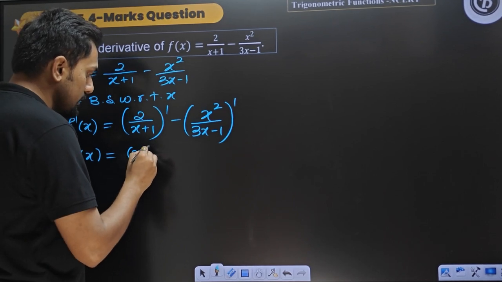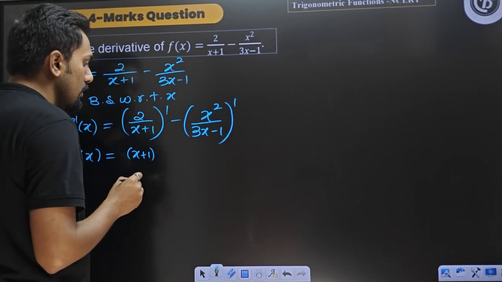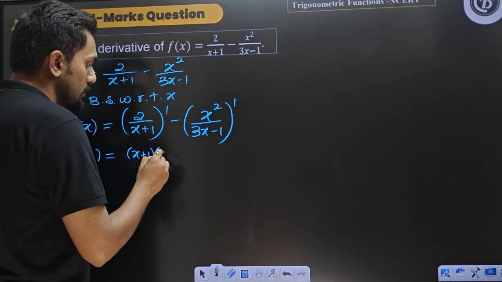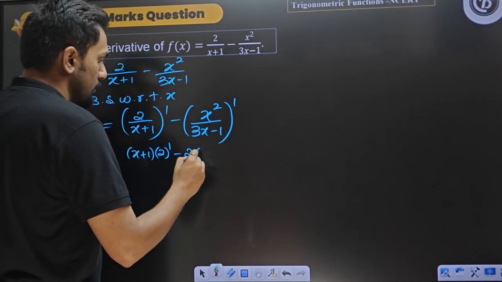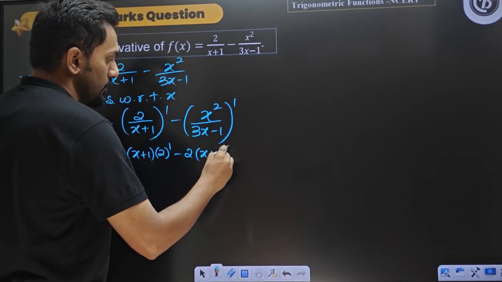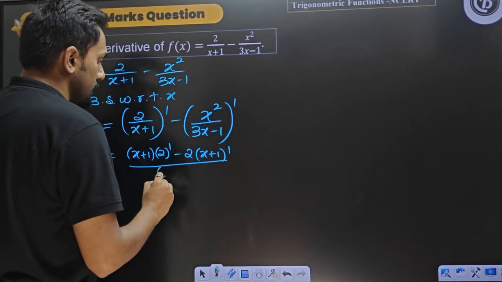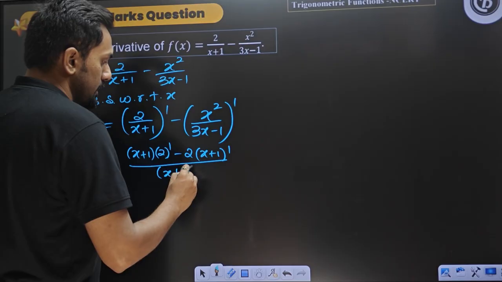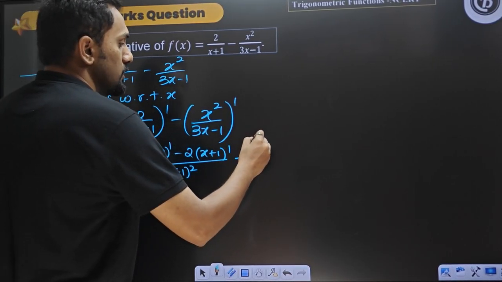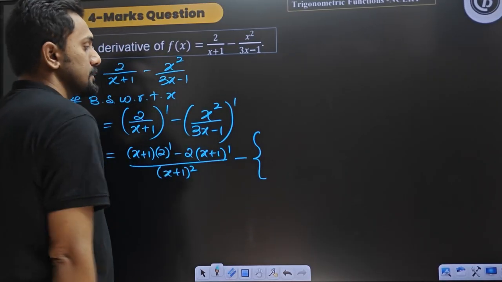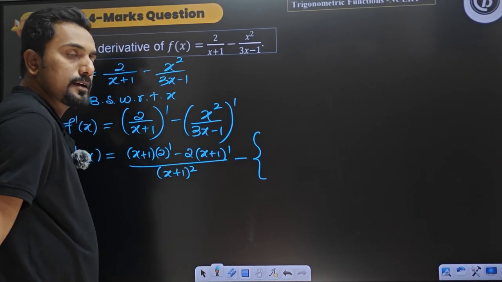So x plus 1 as it is, derivative of numerator 2, minus 2 as it is, derivative of the denominator, that is derivative of x plus 1, divided by square of the denominator, x plus 1 whole square, minus, let me put a slightly bigger bracket here because of the minus.